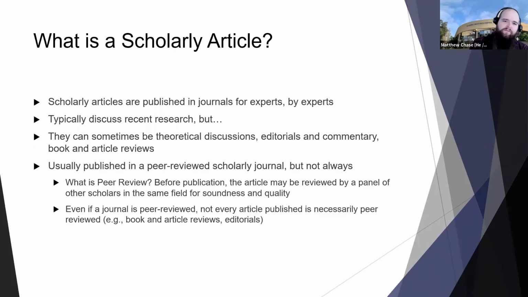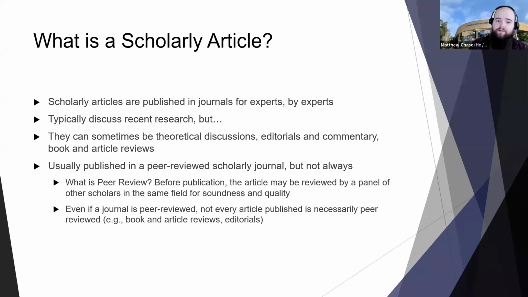So the key features are very, very similar to a research article, but you'll probably notice some differences. Scholarly articles are published in journals for experts by experts, and that is pretty much the same as a research article. They typically discuss research, so they might be a research article, like I said, but there are certain exceptions.